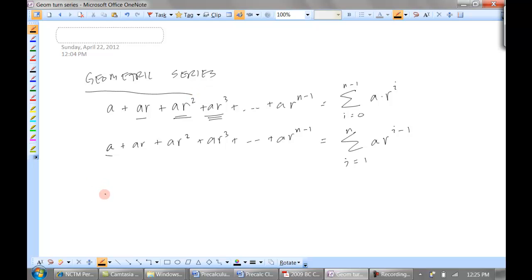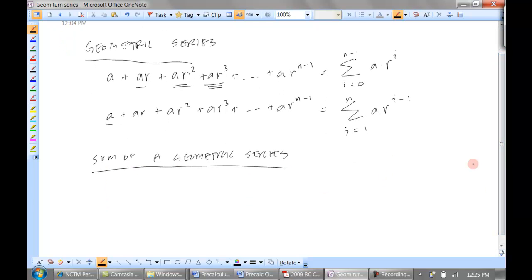And we looked at the sum of a geometric series. The sum of a geometric series for i equals 0 to n minus 1 of a times r to the i, that's equal to, if you wanted to do this, instead of adding up each term, we have a shortcut.